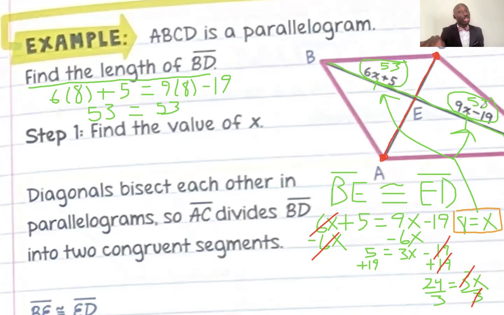Again, I know it doesn't look like they're equivalent, but according to our definition of parallelograms, this is the case, and the way this was drawn, which is not to scale. So now if B to E is halfway to B to D, that means BD is 53 plus 53, which is 106, which is equal to BD.